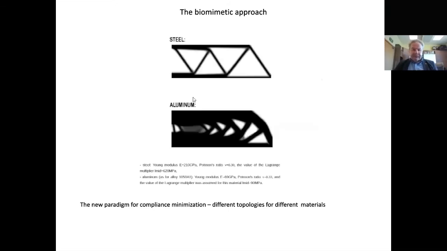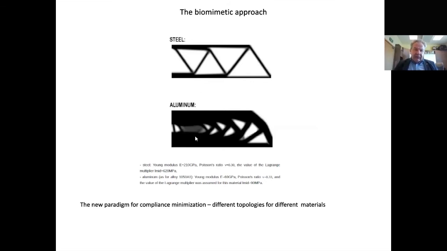The same when we use different materials. For steel there is a different result, and for aluminium we just put the Lagrange multiplier at a lower value, because it is obvious that aluminium has properties which are not as good as in the case of steel.